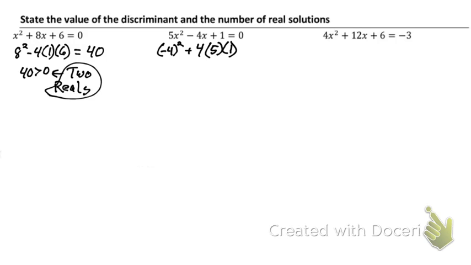Okay, so we have negative 4 squared, which is 16, and that's minus 20. So that's going to be a negative 4. So we're going to have no real solutions.